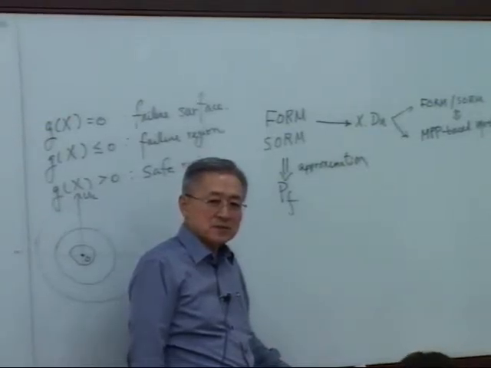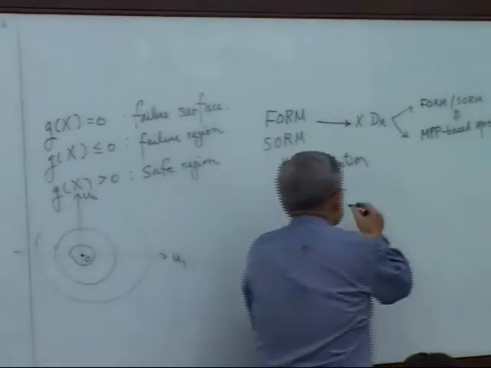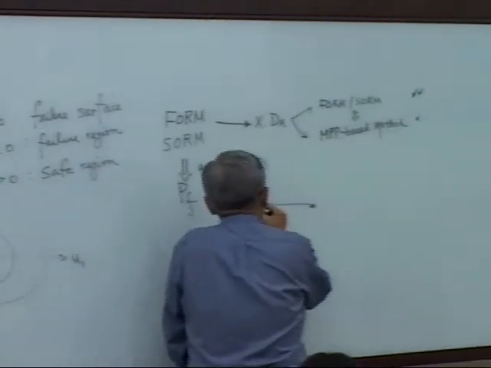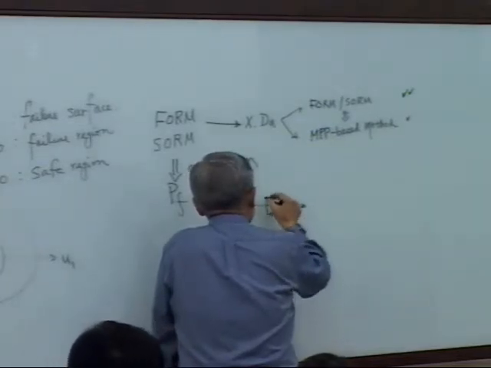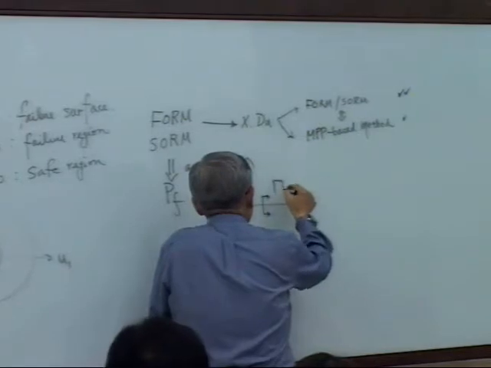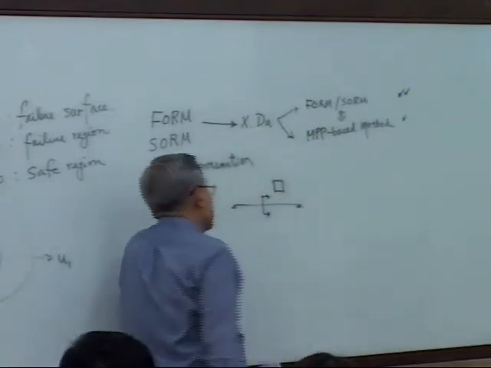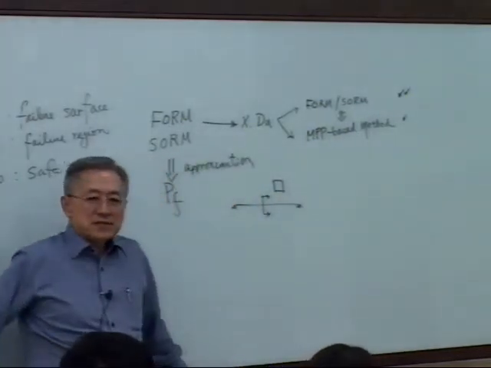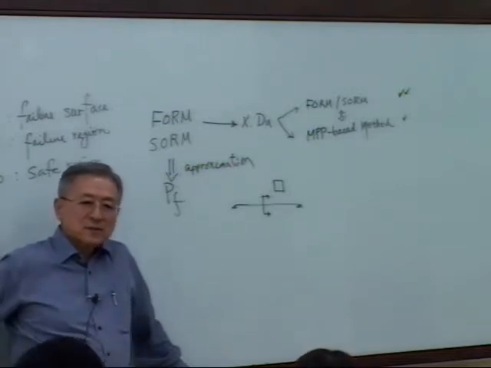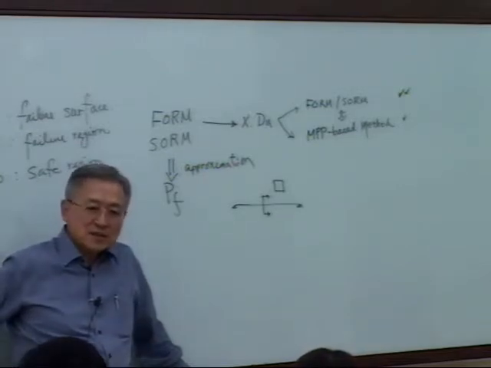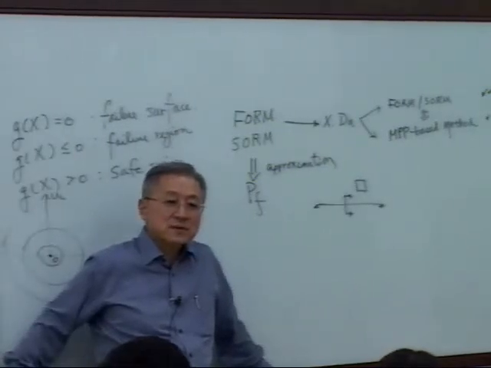So for the simple beam, L is given, but you could have a cross-section. For the analysis, the cross-section is given, right?